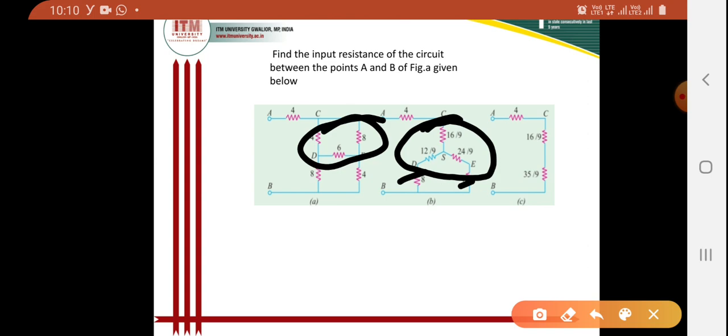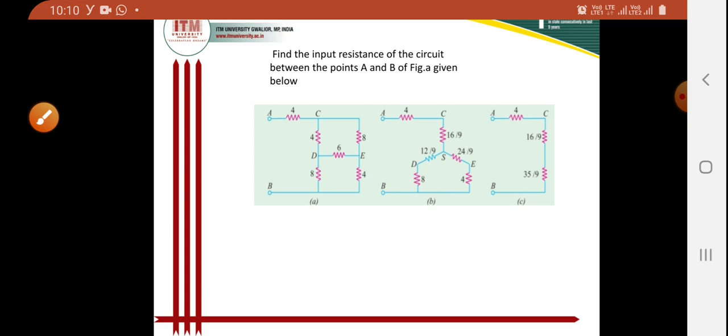Now we can easily solve the equivalent resistance between terminal A and B. So what do you have to do now?